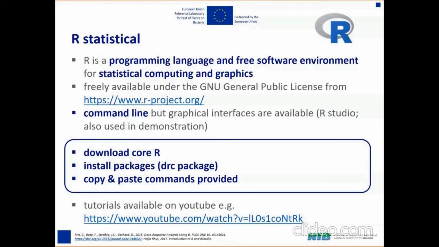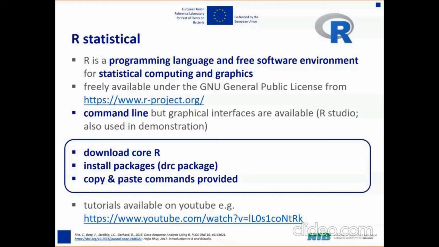So R statistical is basically a programming language and a free software environment for statistical computing and graphics. It's freely available from this web page. You can install it. It's available both for Windows and other platforms.